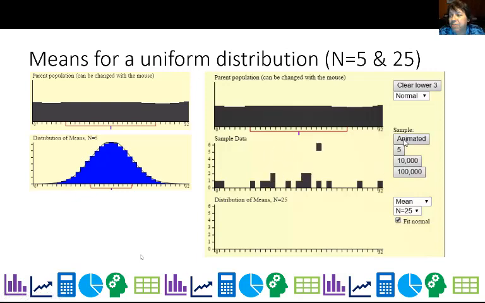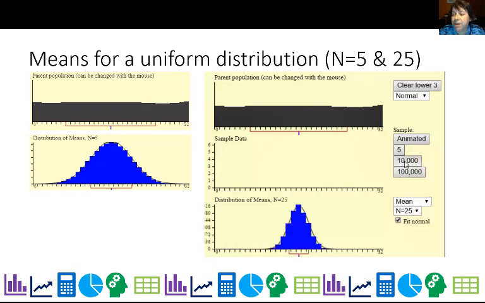What if I'm taking a sample size of 25? It takes a little while because I'm collecting 25 data points, then averaging them, and that gives me a blue dot. What you're probably going to notice is that the spread's going to be a lot smaller because it's a lot harder to get a mean where all your samples are on this end of the curve and have a mean that's smaller.